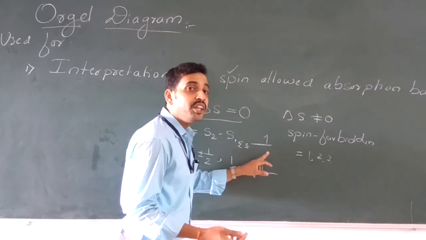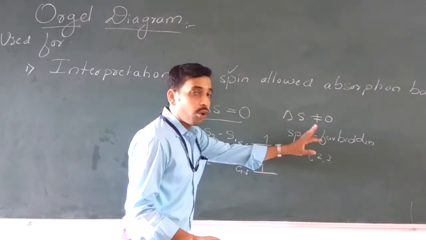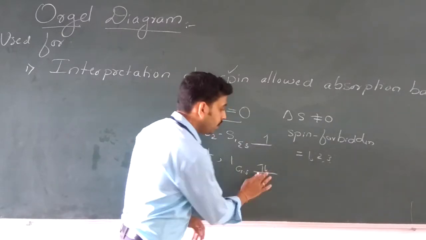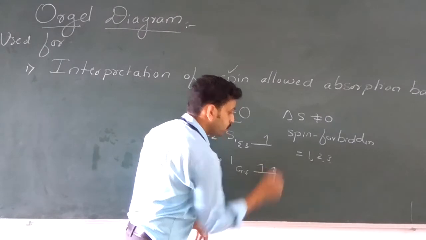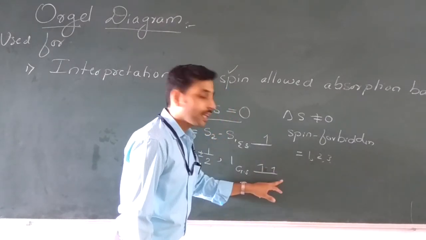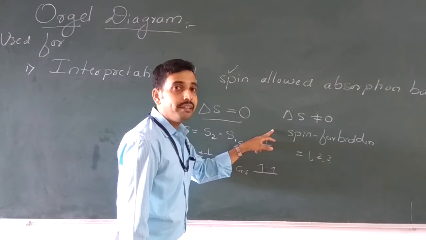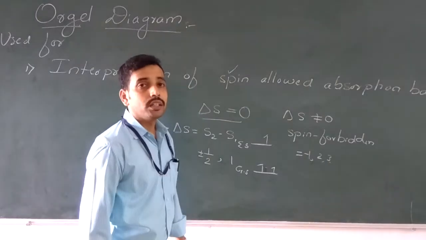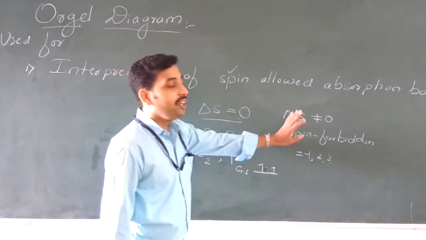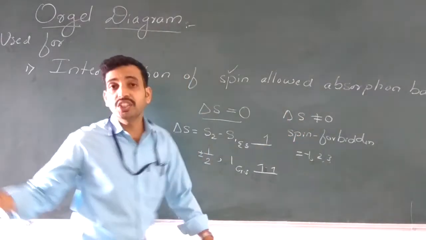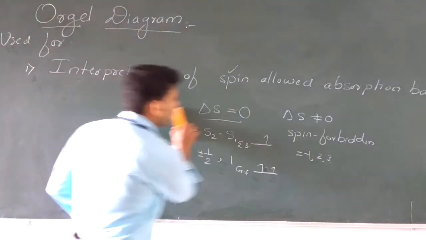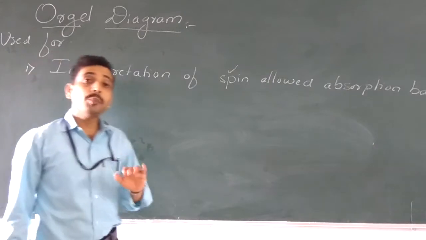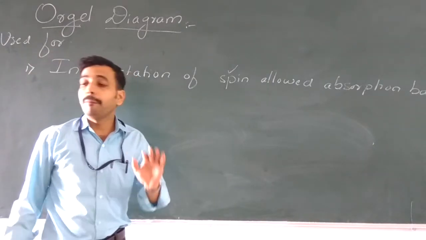That is the spin allowed transition. Spin forbidden means suppose the ground energy level has 2 and one electron is excited to only 1. In that case, there is a change in delta S, so it is a spin forbidden transition. So using the Orgel diagram, spin allowed transitions show the absorption bands of the transition metal complexes.